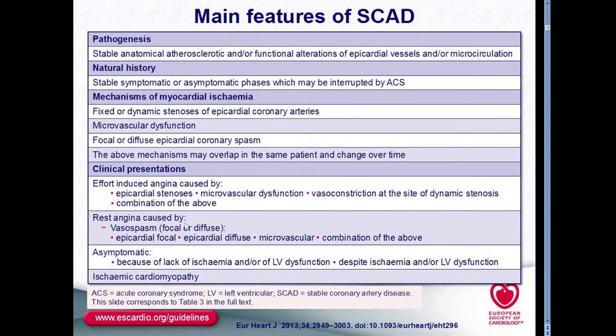The rest angina usually is caused by vasospasm, focal or diffuse. It may be epicardial focal, epicardial diffuse, microvascular, or a combination of all mentioned signs. And the asymptomatic angina goes on because of lack of ischemia and/or left ventricular dysfunction despite ischemia.